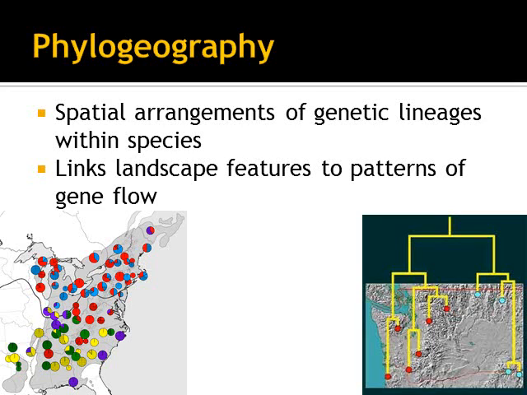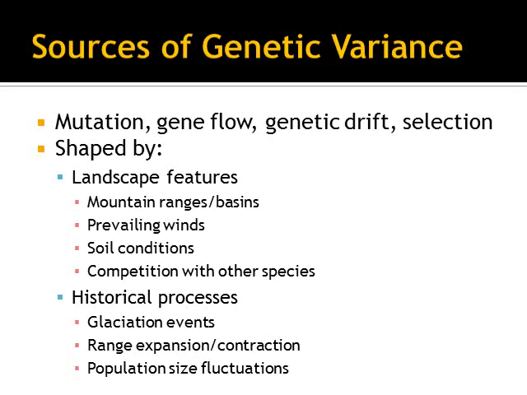Okay, so here's phylogeography. What a phylogeography actually is, it just deals with spatial arrangements of genetic lineages within a species. So it allows you to actually link landscape features with patterns of gene flow. And when you're trying to put patterns of gene flow and genetic variance on a map, some sources of genetic variance are things like mutation, gene flow, genetic drift, and selection.